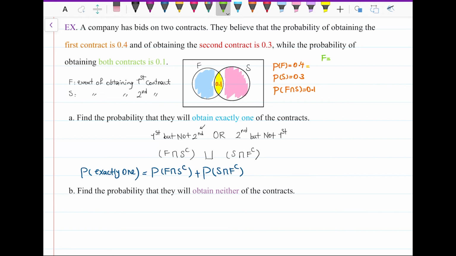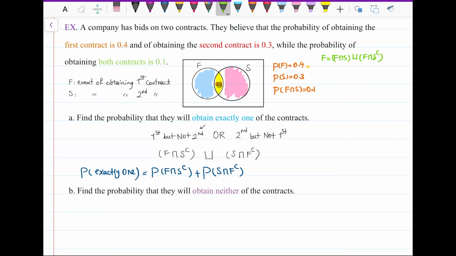So let me write it. F is F intersection with S, this part, union with that part, F intersection with S complement.